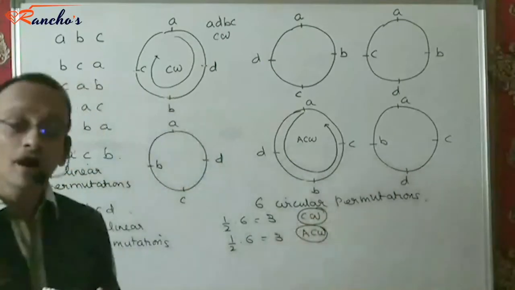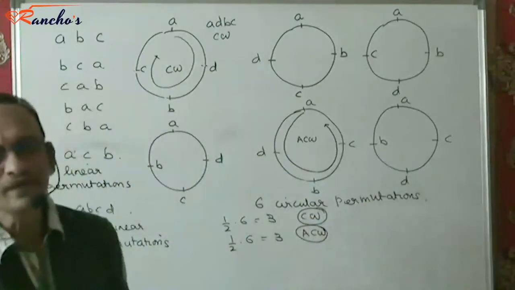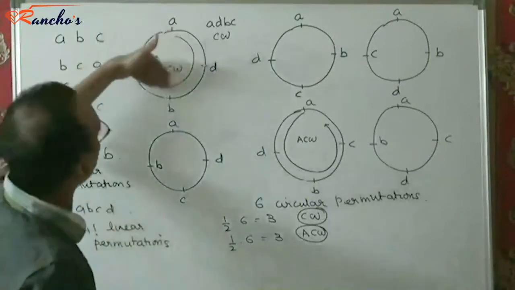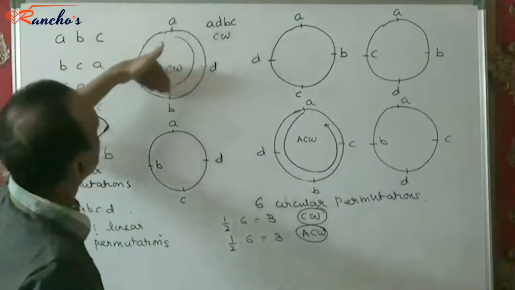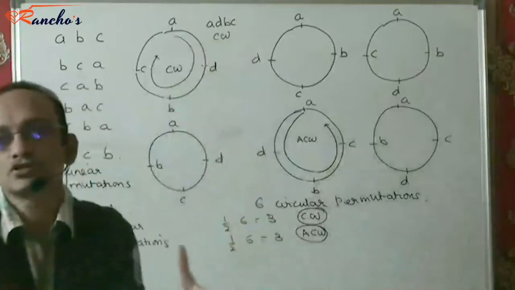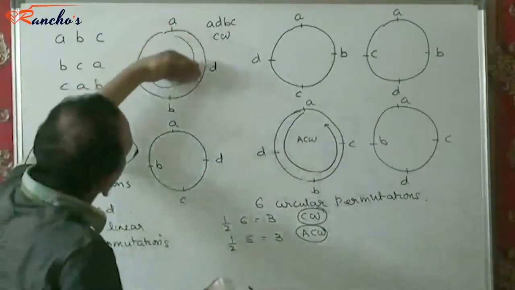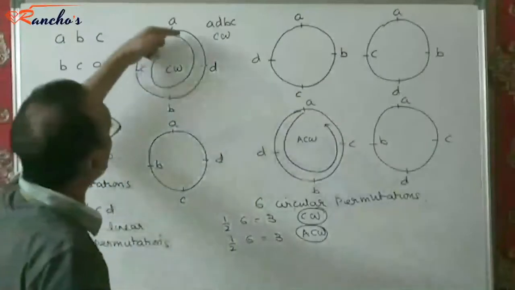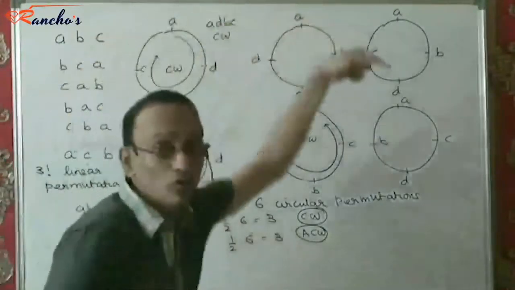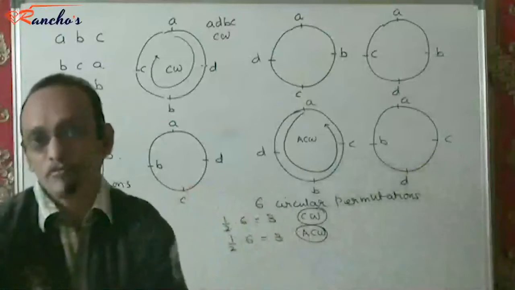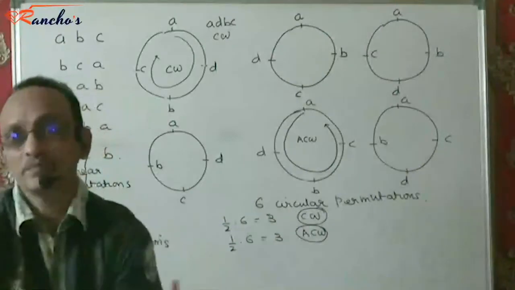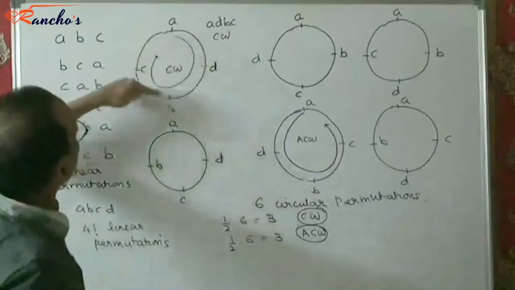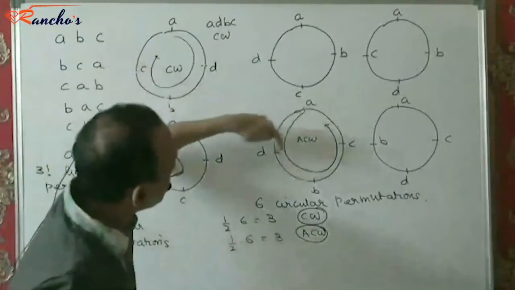One thing noteworthy here is that if these ABCD were 4 different things to be arranged around a circular table, then this ADBC would be different from this ADBC.